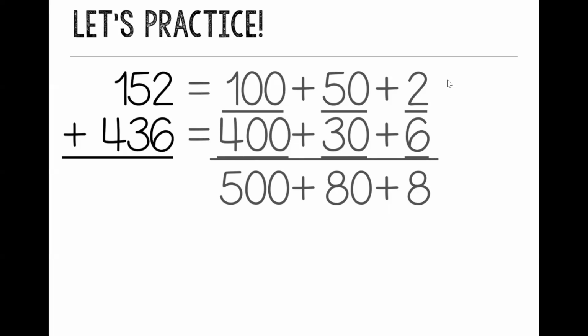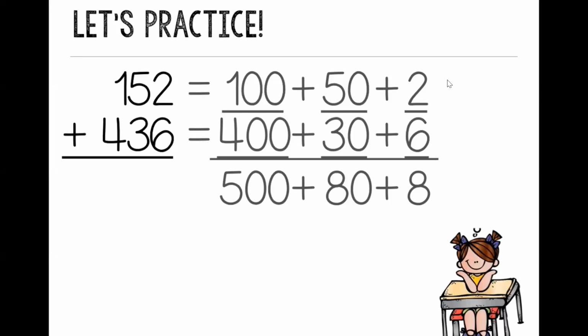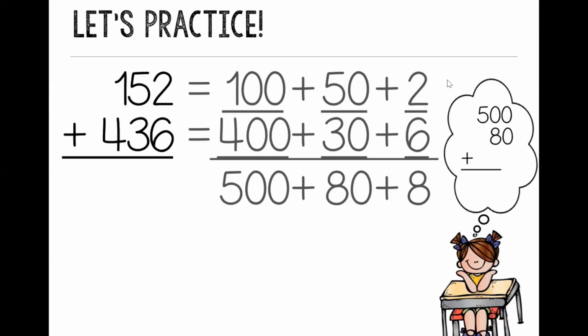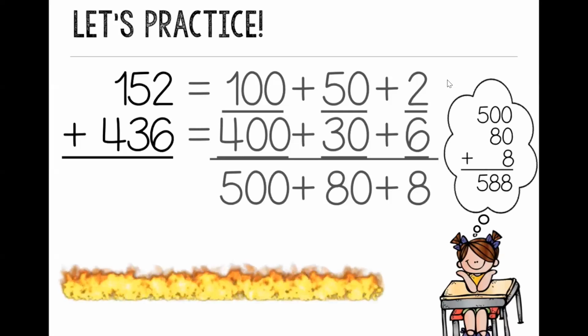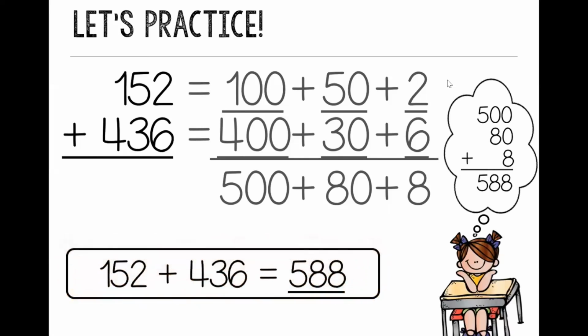So I have 500 plus 80 plus 8. If you need to, you can write this vertically. 500 plus 80 plus 8, and then add it up. 588. So 152 plus 436 equals 588.